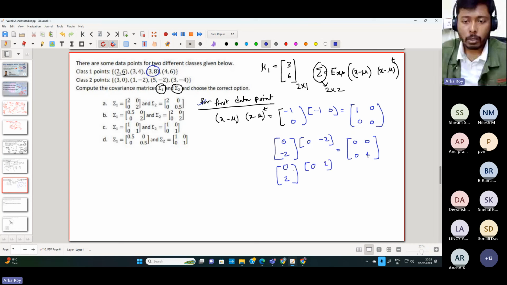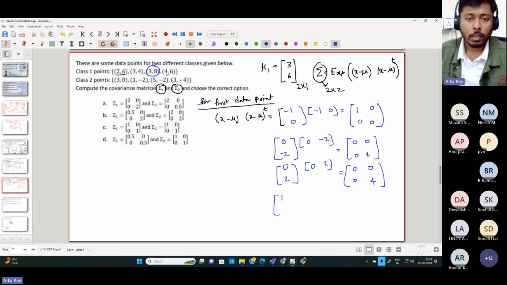Similarly, it will be 0, 2 because I am doing the transpose operation. Now again it will be 0, 0, then minus 2 into 0, and then the last one will be 2 into 2, 4. And for the last data point, what will be x minus mu? 4 minus 3, it is 1.